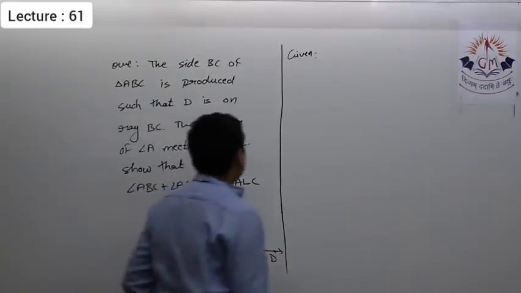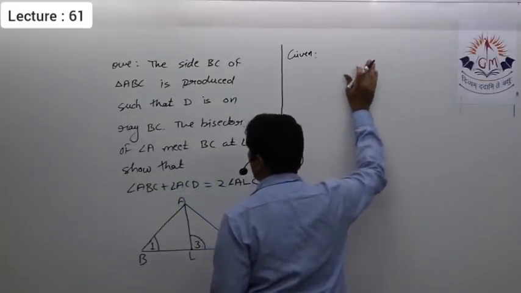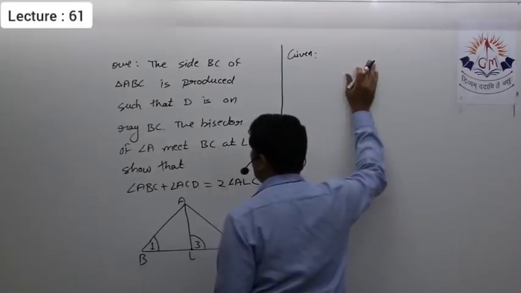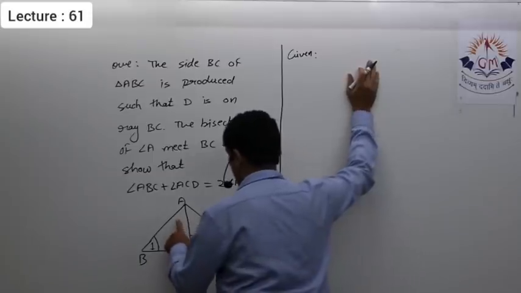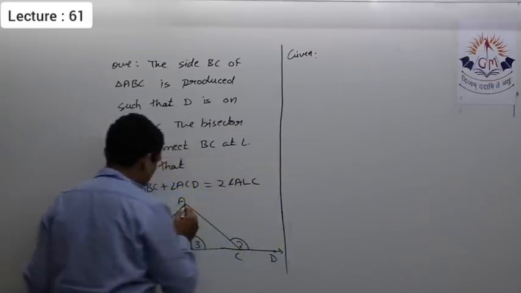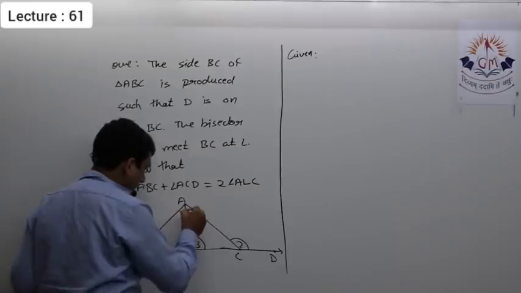Okay, let us see the given. See, this AL bisects, so here I can say this angle is x and this angle is x.